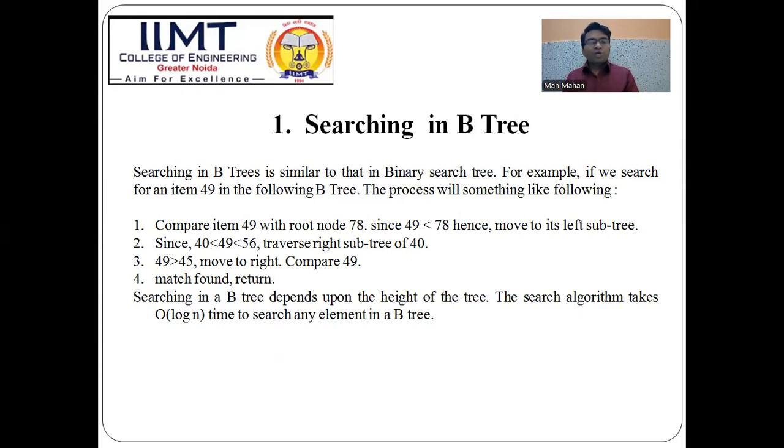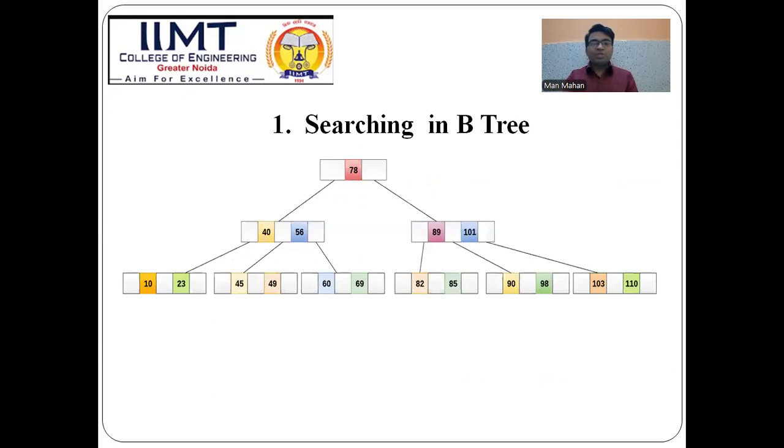If we want to search for the value 49, now you can see this example. 78 is the root node, and 14 and 56 form the left subtree, and 89 and 101 the right subtree. So we want to search for the particular value 49.